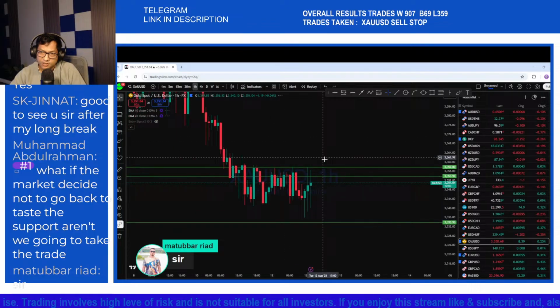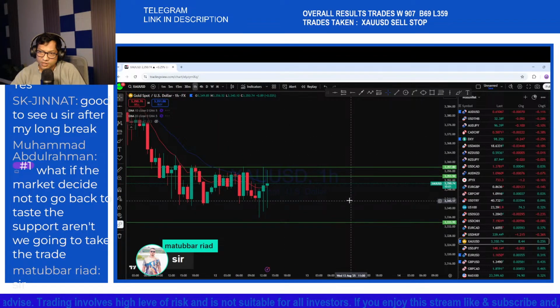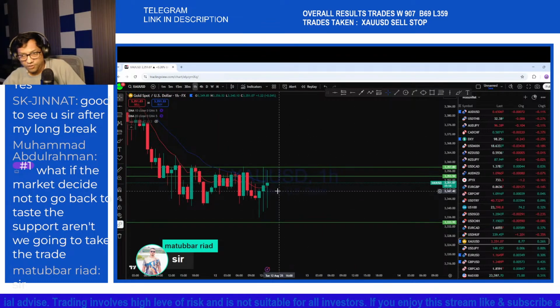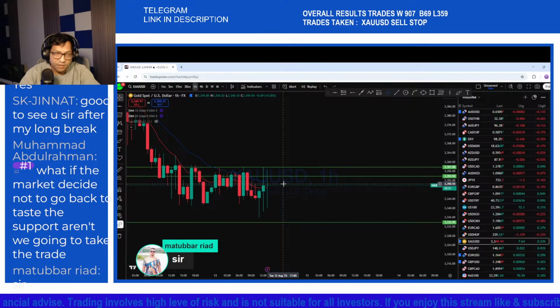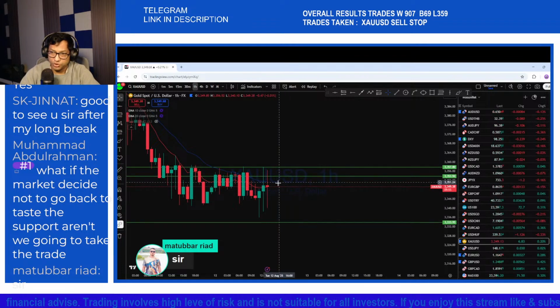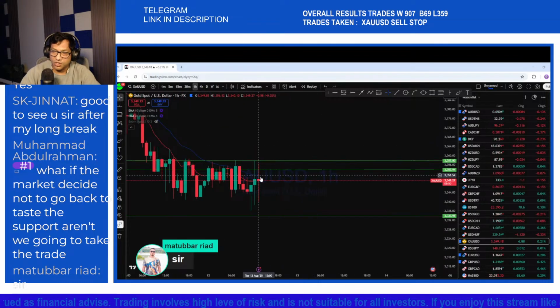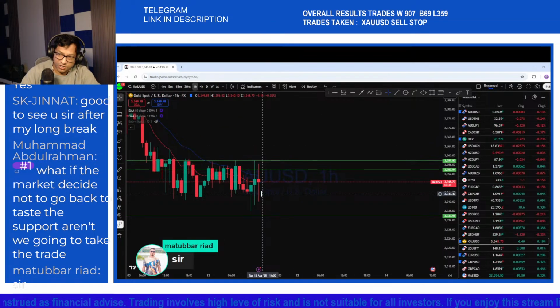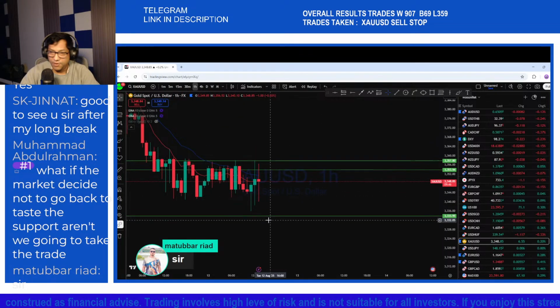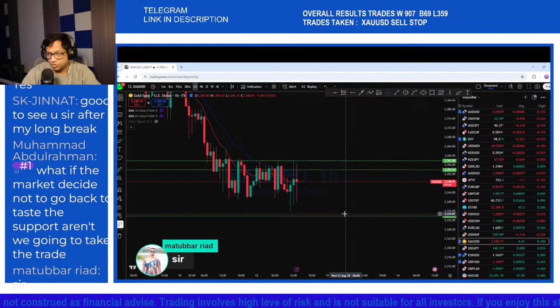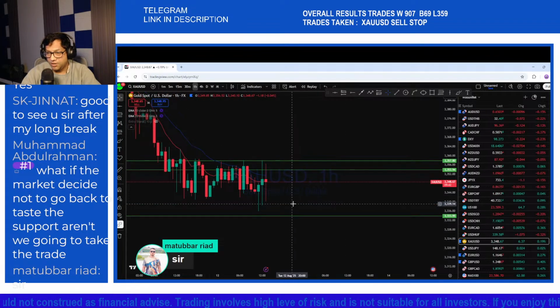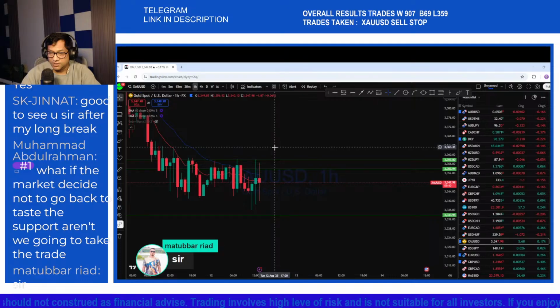That rejection is now creating a 1 hour doji. If this 1 hour candle closes as a green bullish candle, the market could possibly bounce. If this 1 hour candle closes as a red bearish engulfer, breaking back below, that's where you could see the market trend down, depending on how the price is creating the structure.